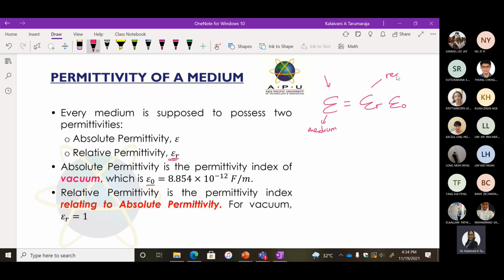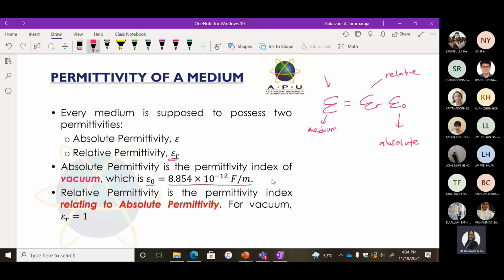This one we call relative, this one we call absolute. If you realize at this point, the absolute value will be constant. Take note, this value is constant. You cannot change the value, you must maintain this value.